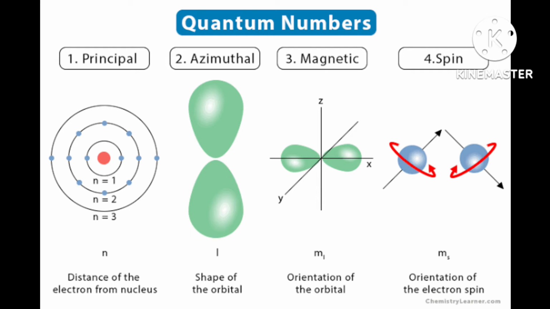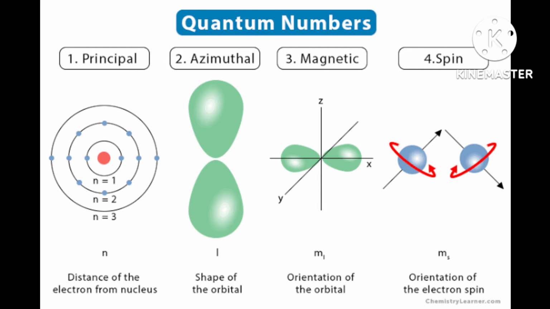If L value is maybe 0, maybe 1, maybe 2, maybe 3, maybe 4, maybe 5, then 0 means S orbital, 1 means P subcell. Okay, subcell and orbitals, same notation, because subcell is made from the orbitals.